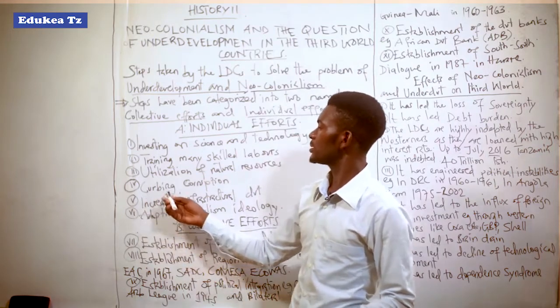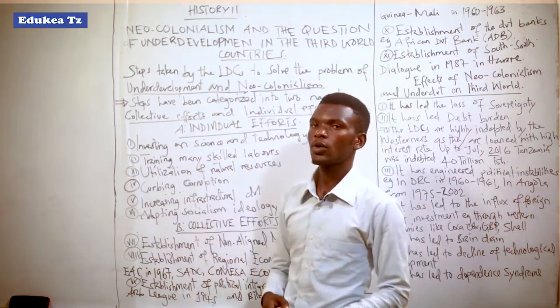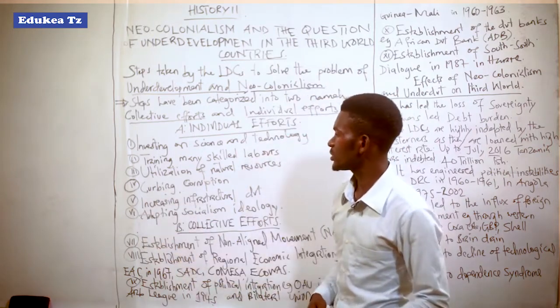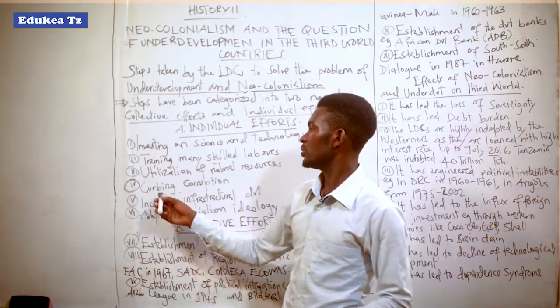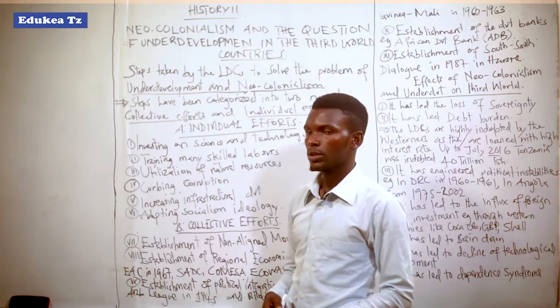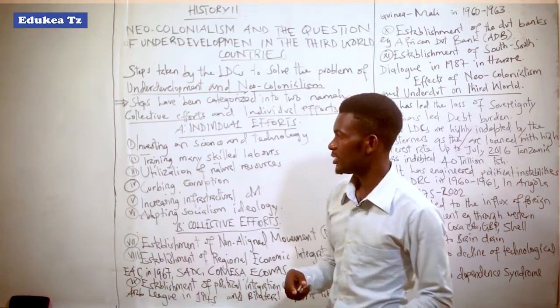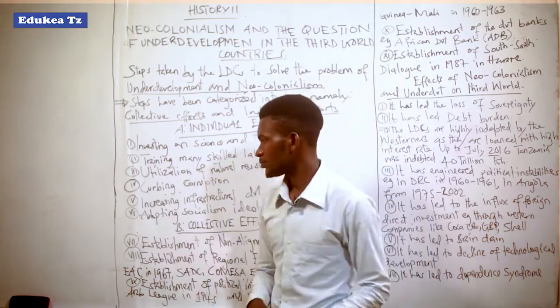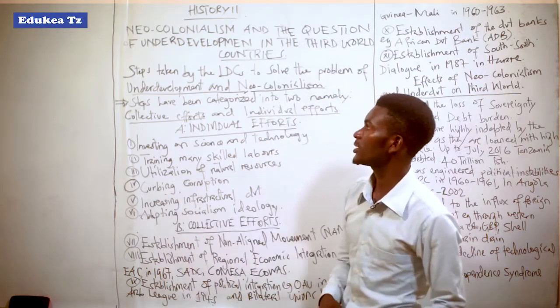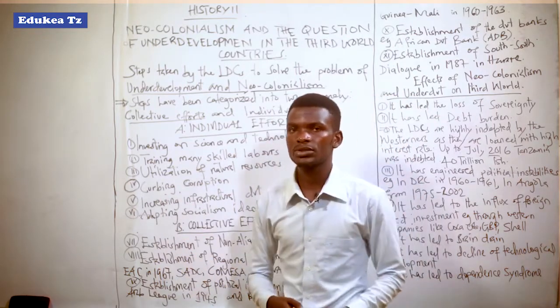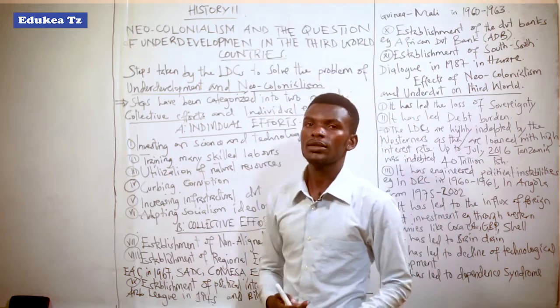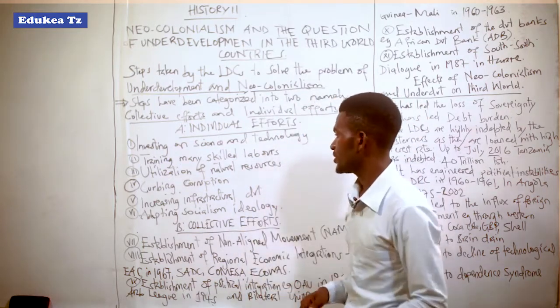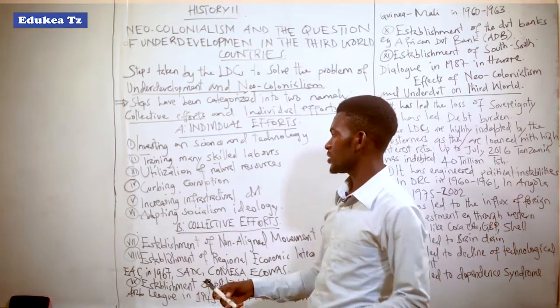So the PCCB is the organ which involves itself in combating and eliminating corruption among the leaders and other citizens in the nation. So this was another step taken by the less developed countries to combat the problem of underdevelopment and neo-colonialism.